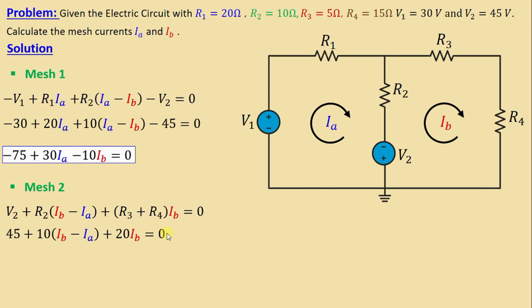If we continue simplifying this equation, we obtain finally 45 plus 30 IB minus 10 IA is equal to 0. Finally, we obtain two equations which are necessary to find IA and IB.